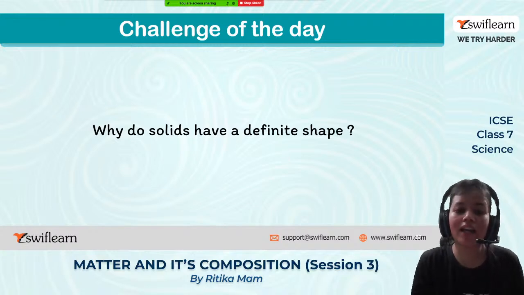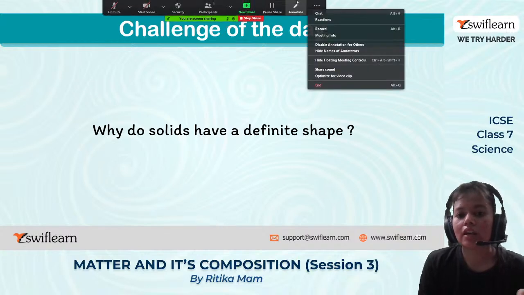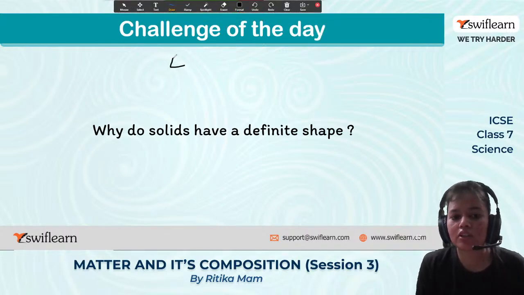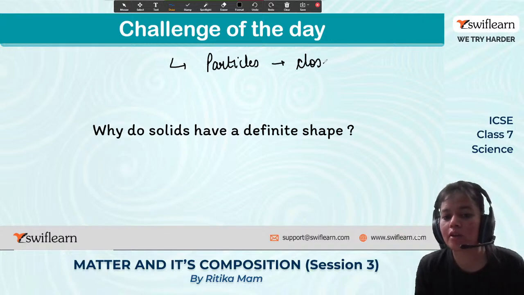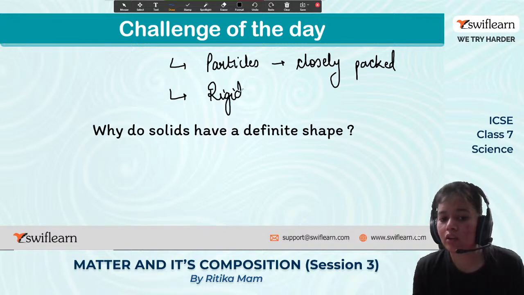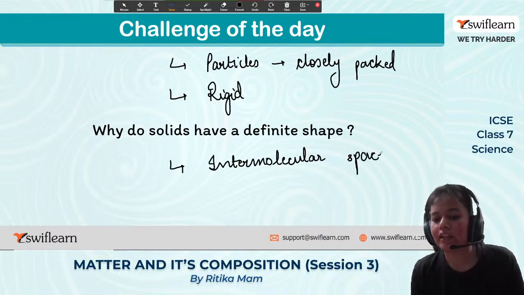Talking about the challenge of the day, it says, why do solids have definite shape? So what we can say is, first of all, the particles of a solid are closely packed. Then solids have a rigid shape, they cannot change their shape. The next one is that intermolecular space is very less.